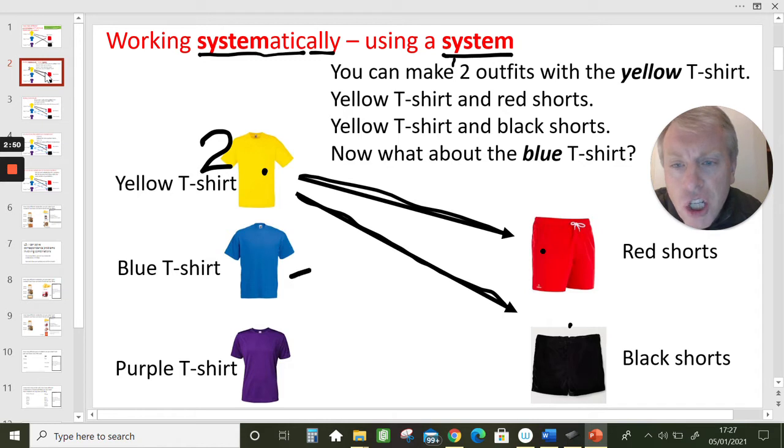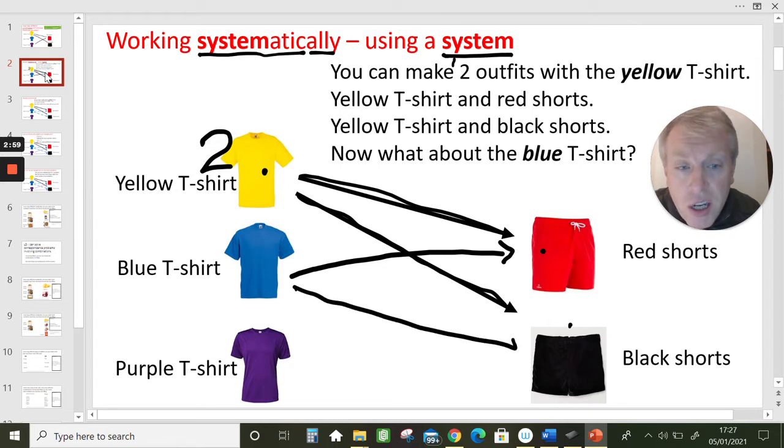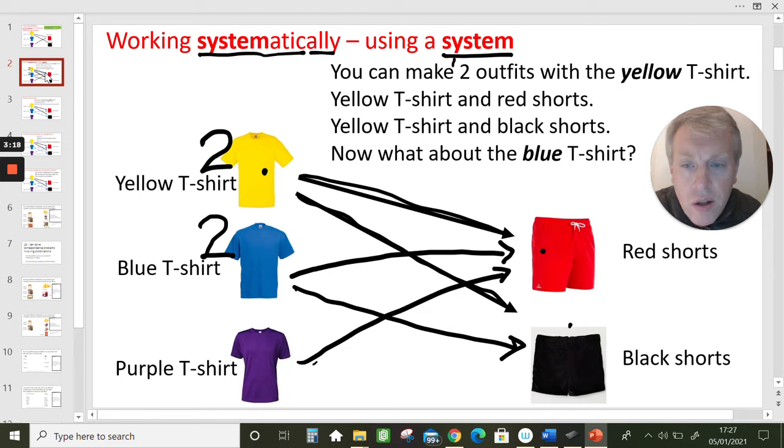The blue t-shirt on top, I can have blue t-shirt and red shorts, blue t-shirt and black shorts. So I'm noticing now 2 for the yellow t-shirt, 2 combinations with the blue t-shirt. And I'm going to do the same again for the purple t-shirt. So 1, purple and red, 2, purple and black.